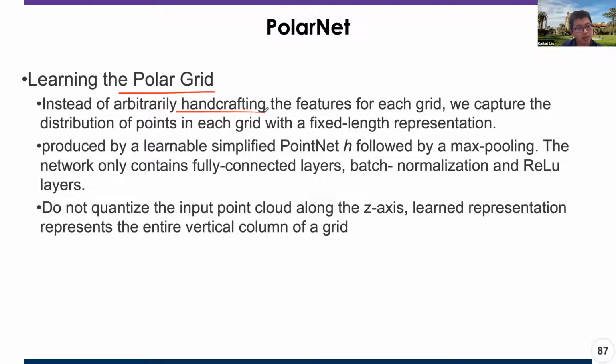That's similar to the deep learning idea. You can learn deeper features, maybe much better than these handcrafted features. So with this deep feature you can capture the distribution of the points in each grid with a fixed length representation. So every grid has a fixed length representation.